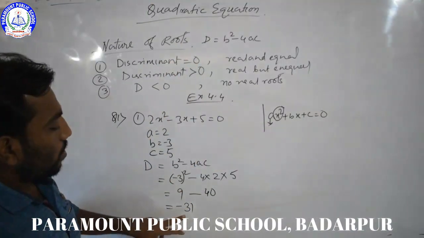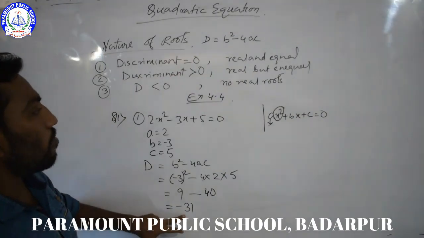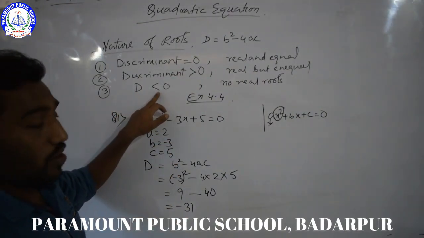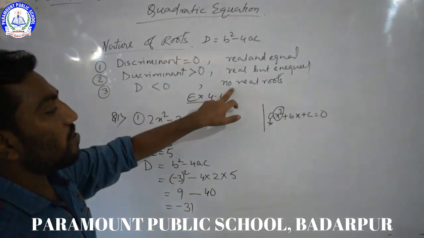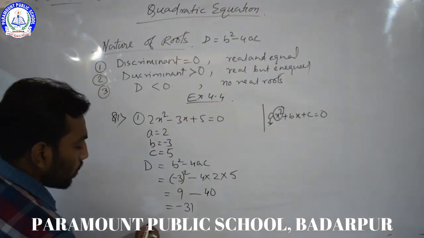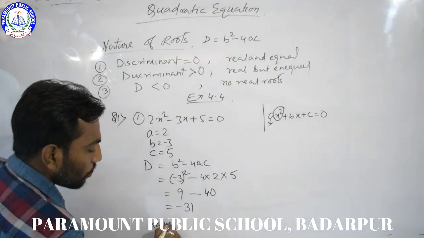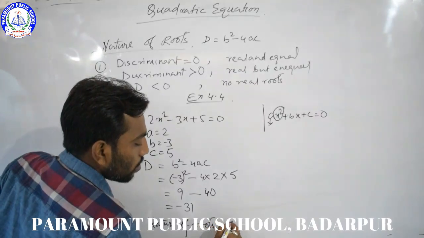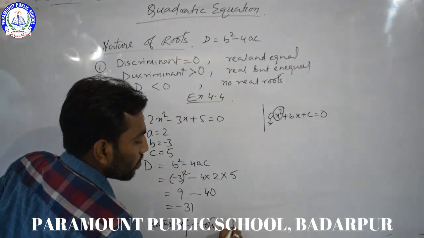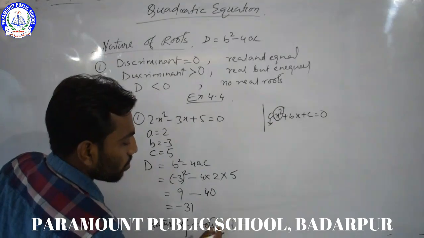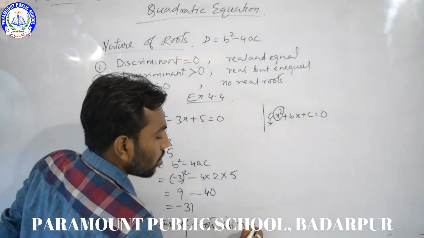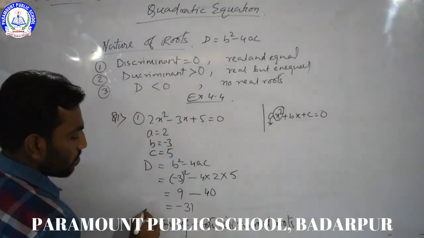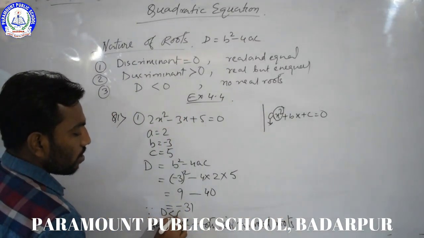Under which given situation does this value come? We can see our third condition, when discriminant is less than 0, the condition is no real roots. So here the nature of the roots is no real roots, since our discriminant value is less than 0.